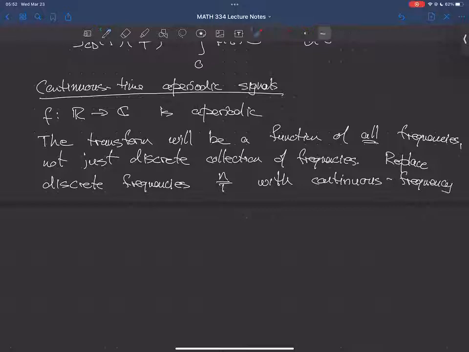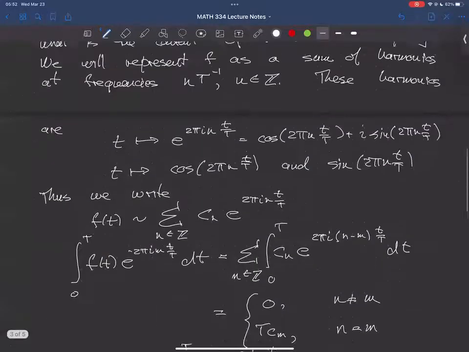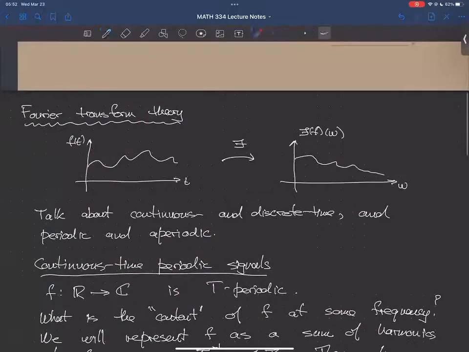Just like continuous time, I have continuous frequency. And we denote this frequency by nu. So that's the variable that we're going to use as our frequency variable. This is my picture that I drew up here. I used omega, but that's not what we're going to use. We're going to use nu.